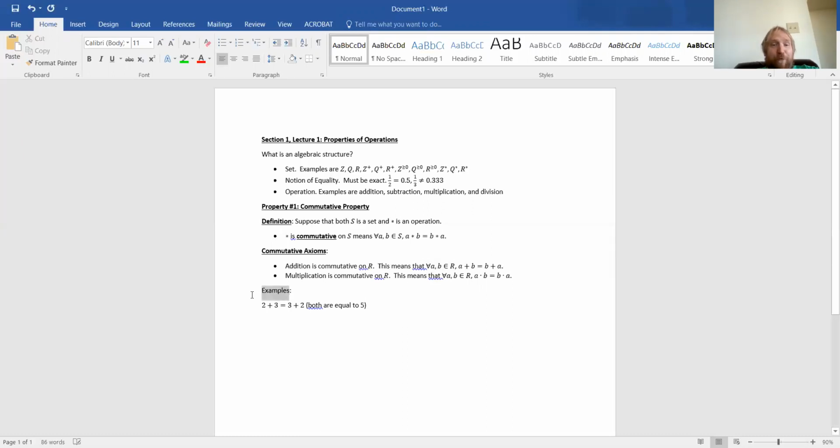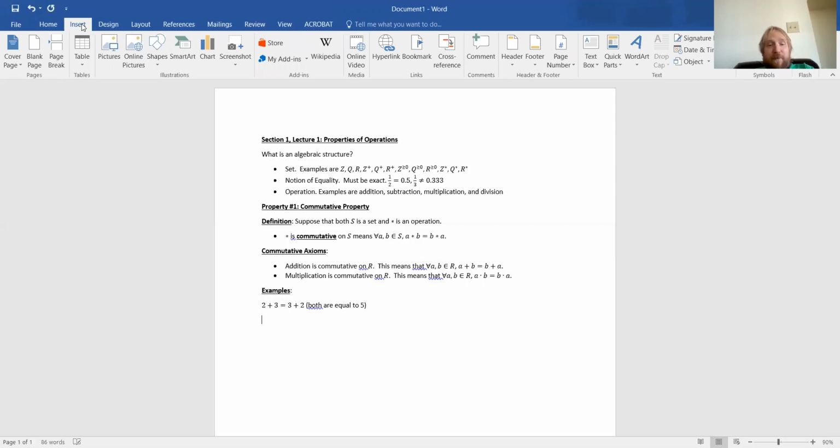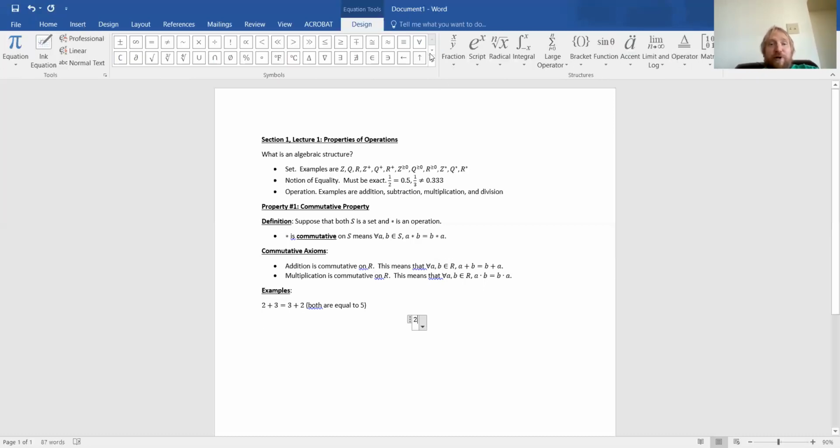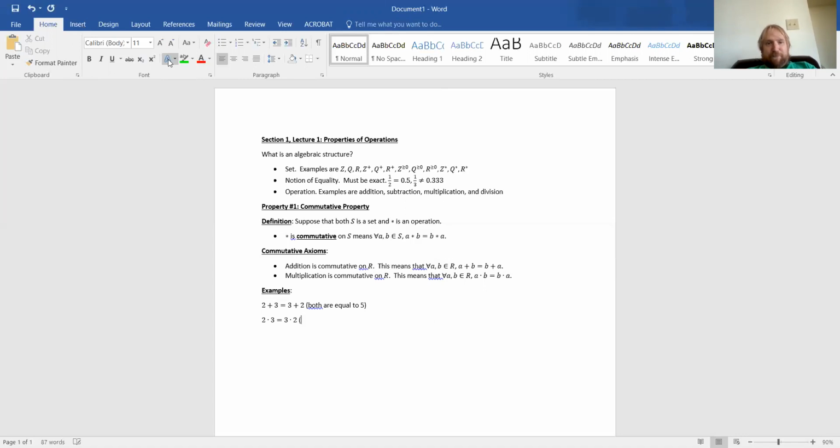Now, for multiplication, an illustration of the commutative property would be 2 times 3 equals 3 times 2. Both are equal to 6.